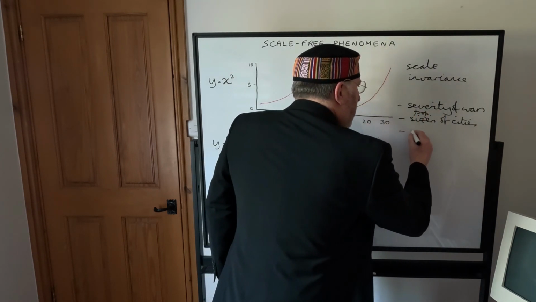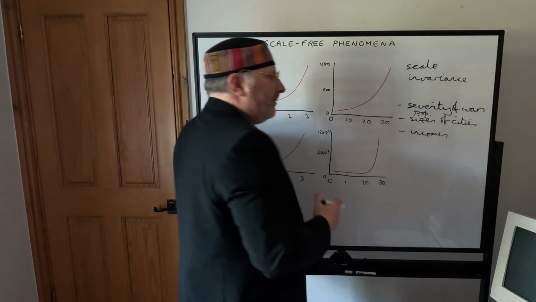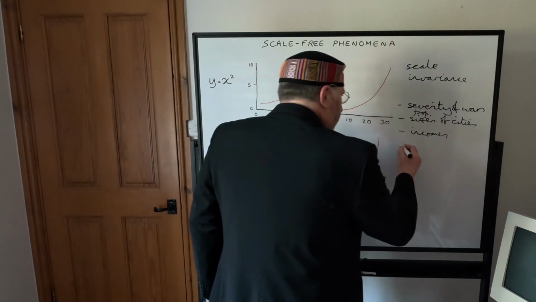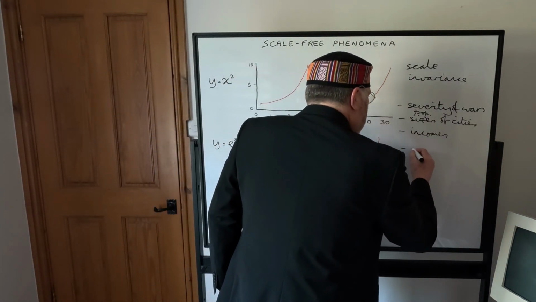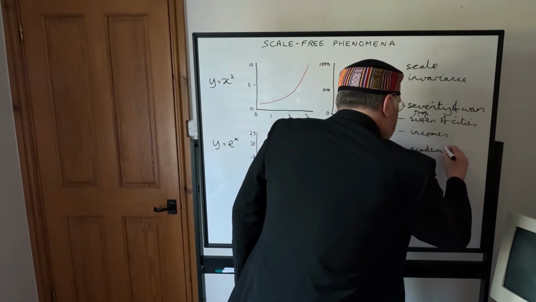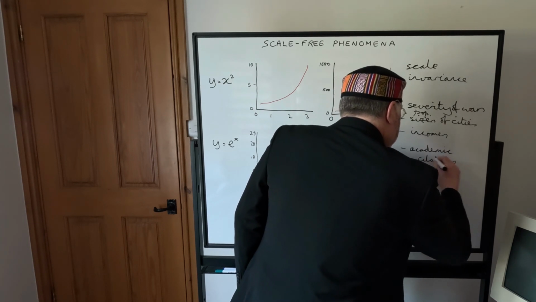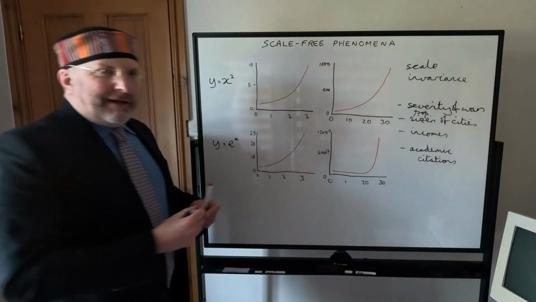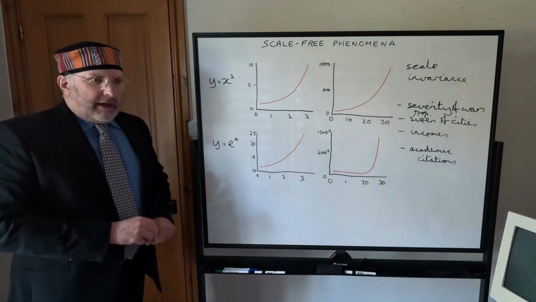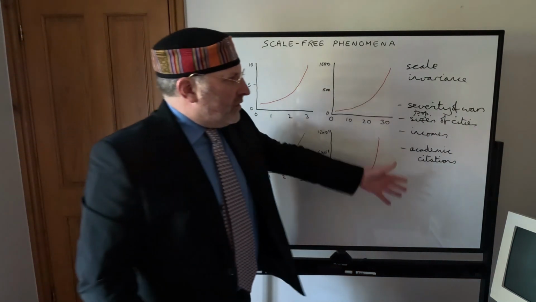It's seen in people's incomes. People have smaller incomes and larger incomes, and there's a power law involved. It's seen in the citations of academic papers. Some academic papers get cited a lot, and many get cited very little. And these are just some examples.